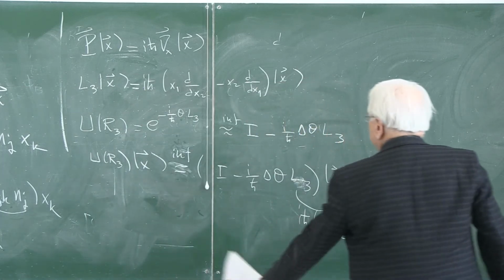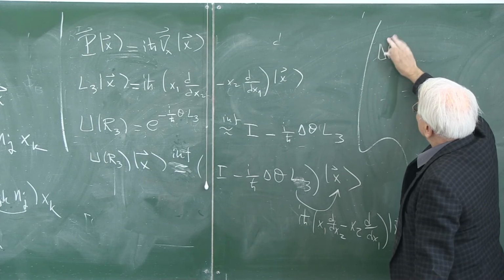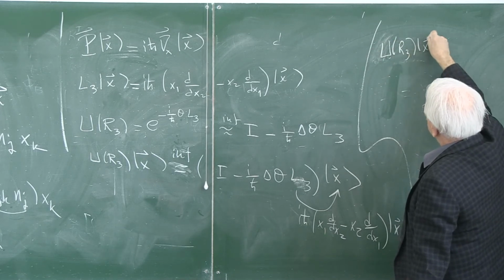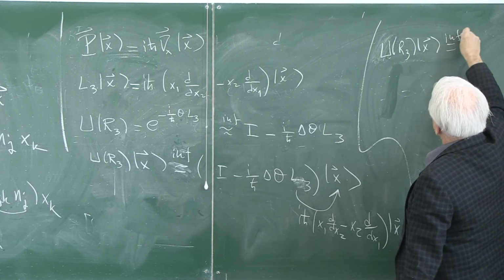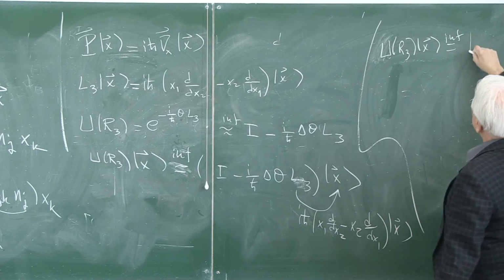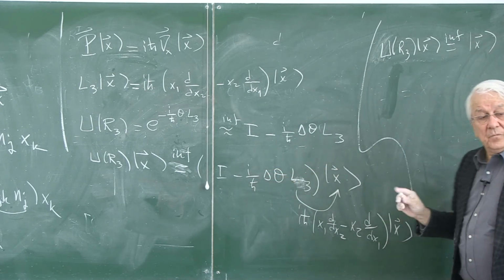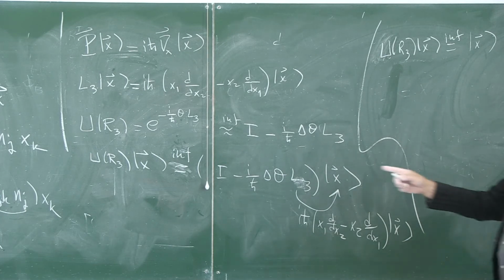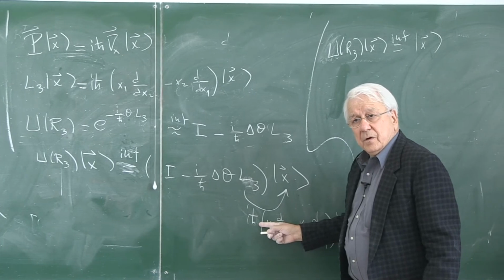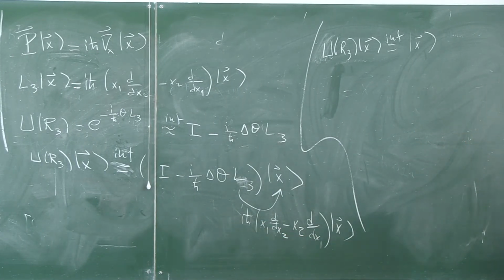So what do I get? Again, in the infinitesimal case, UR3 on x. The first term is the x, because identity times the x, minus i over h bar times i h bar. There's a minus i squared, so it's plus, h bars cancel.